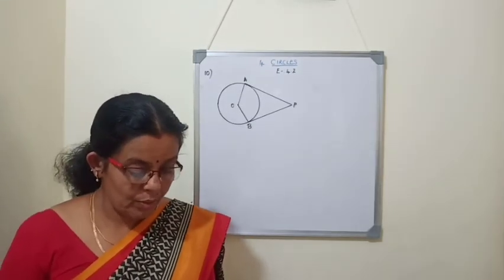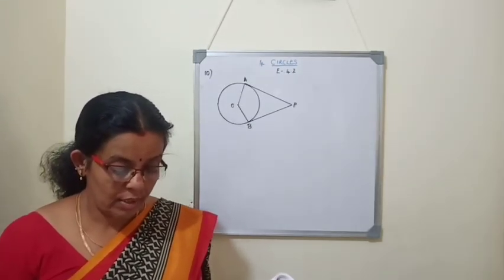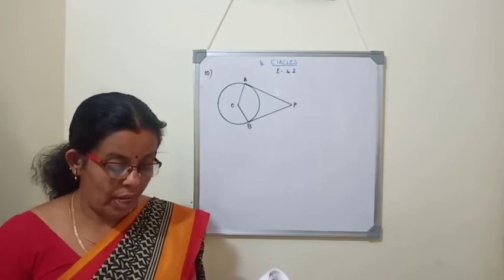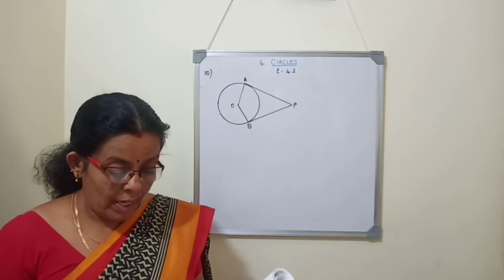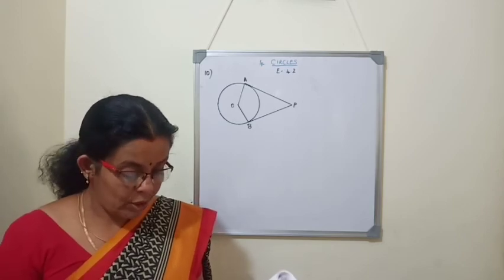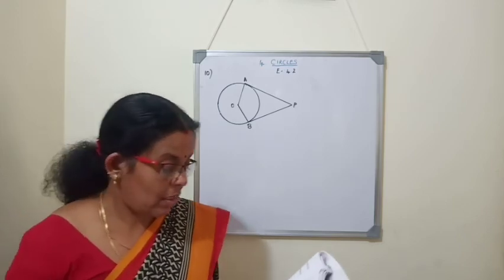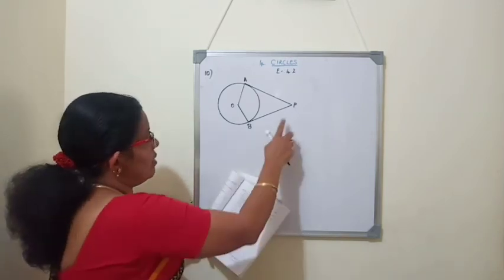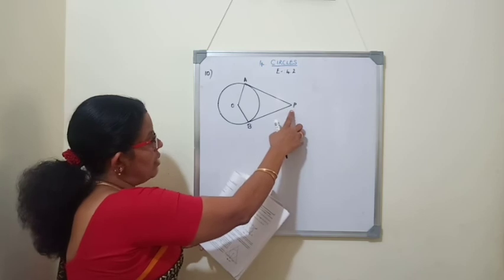10th question. Prove that the angle between the two tangents drawn from an external point of a circle is supplementary to the angle subtended by the line segment joining the point of contact at the center. Prove that the angle between two tangents drawn from an external point. So here P is the external point.